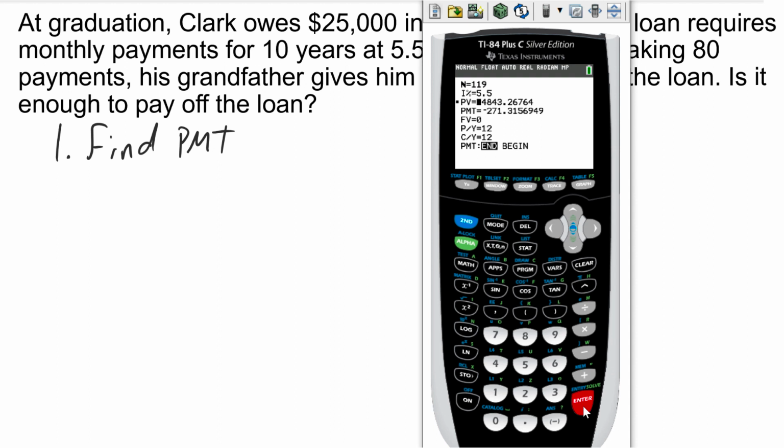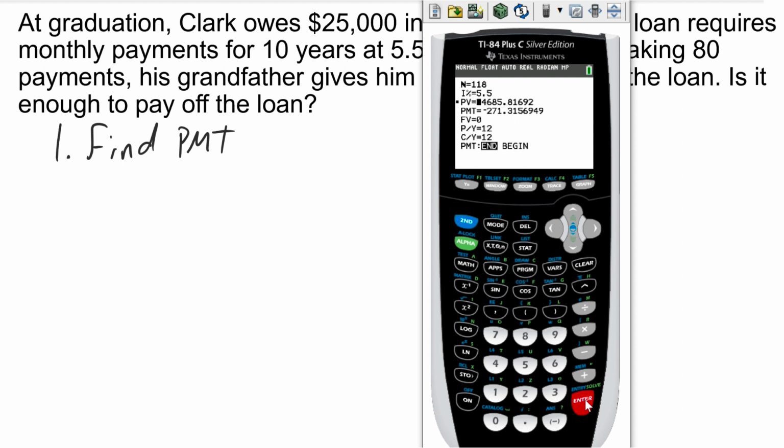So that's 119 payments left. Or if I changed it to 118 and then solve for the present value, $24,685.82, that tells me how much Clark would owe after 2 payments. So in this case, Clark has made 80 payments out of the 120 payments. So that means he has 40 payments left.